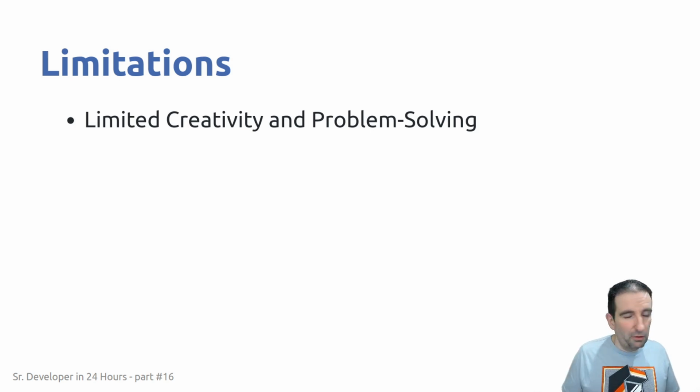And therefore, it will definitely struggle to have true innovation and true independence to solve complex problems. If you have problems that require out-of-the-box thinking, GenAI might not be able to provide you with that. Because at the end of the day, whatever solution a GenAI tool can give you is going to be heavily reliant on the data that was used to train the model.